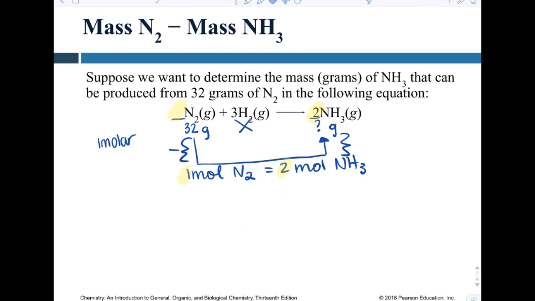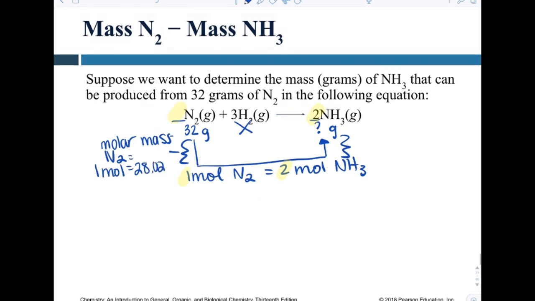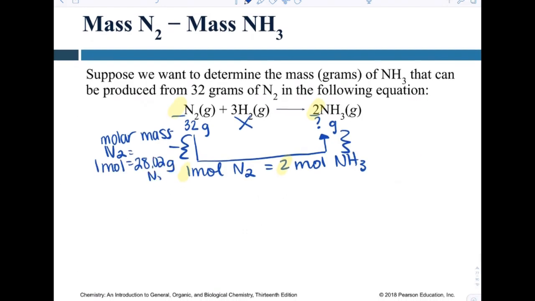So the molar mass of N2 is 1 mole equals 28.02 grams of N2.